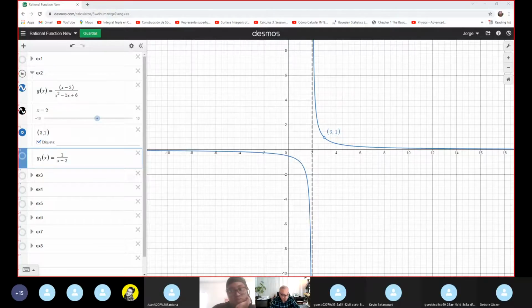Okay, look at that. The idea is the end behavior. End behavior. What does end behavior mean, professor? Well, when x approaches positive infinity or x approaches negative infinity. In other words, it is too far to the right, positive infinity, or too far to the left, negative.